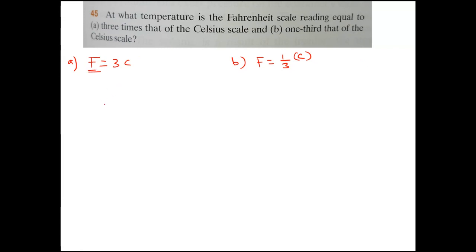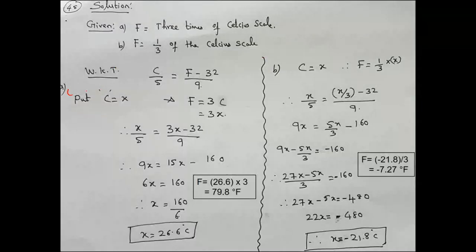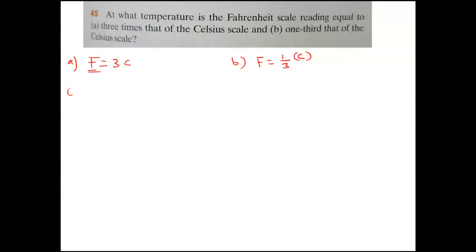I am going to make a small consideration: I am going to take Celsius as x. Now, if you take Celsius as x and substitute the value, what is your Fahrenheit? It becomes 3 times x.